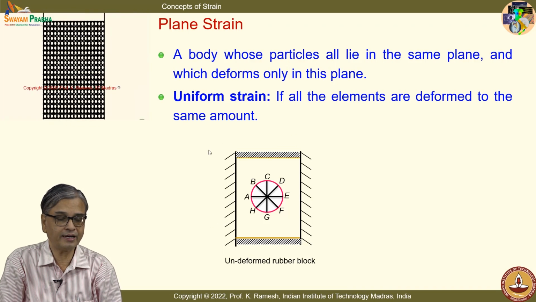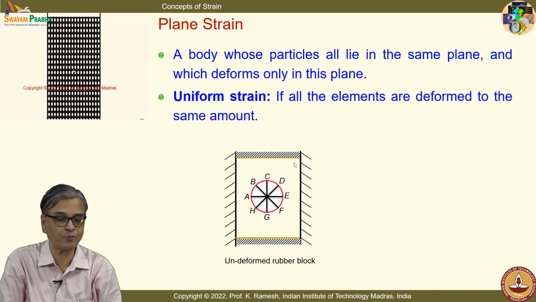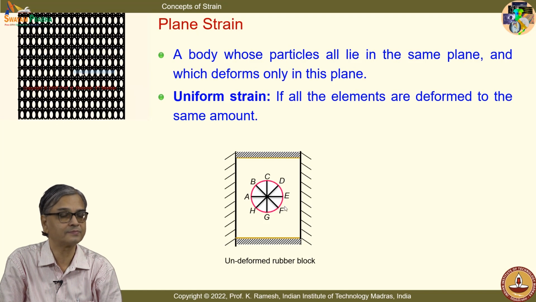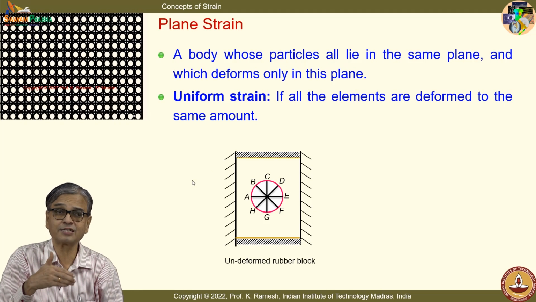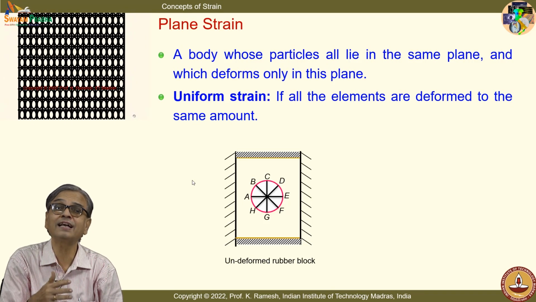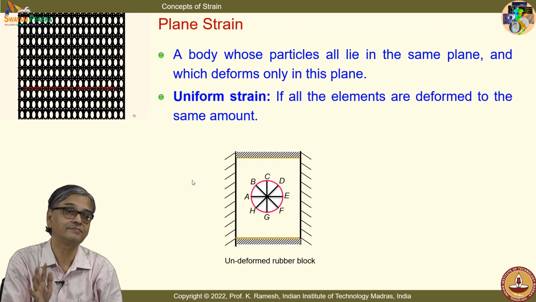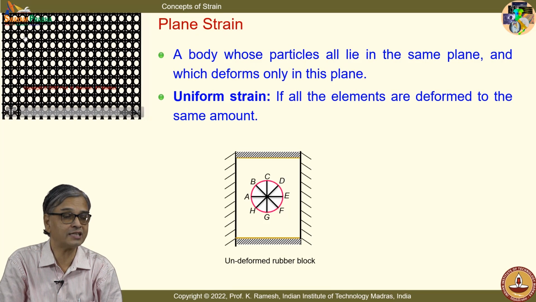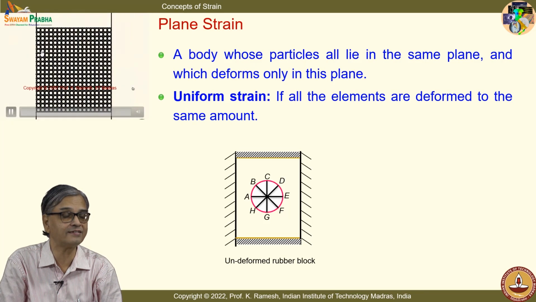And mind you, here I have constrained the sides and I am going to apply a compressive load. So I have to take special care for me to have a uniaxial strain. Here I have not paid any special attention, so this is a biaxial strain.